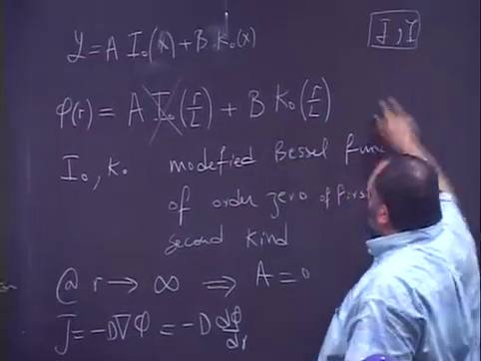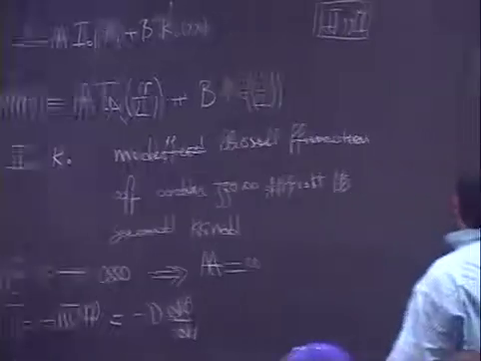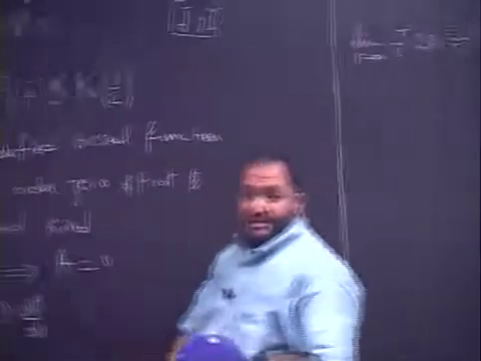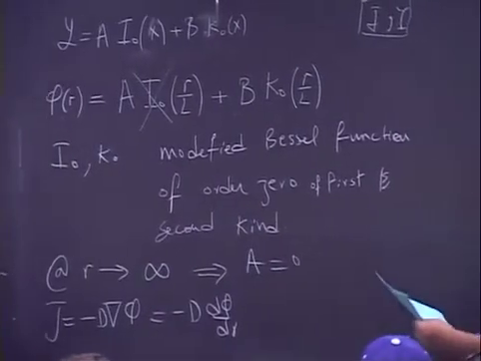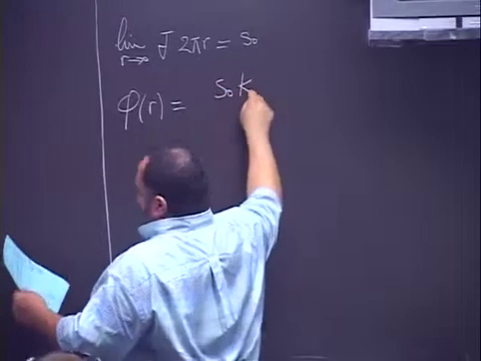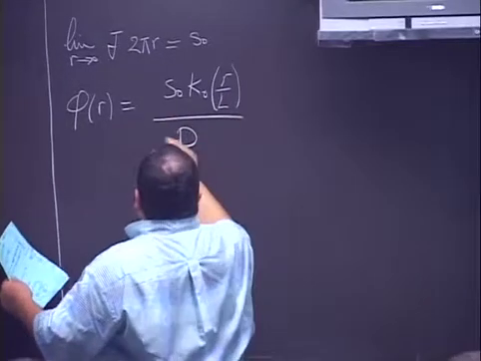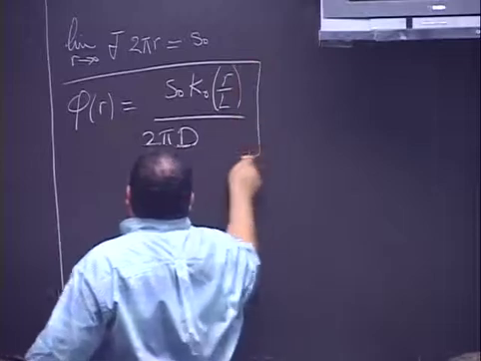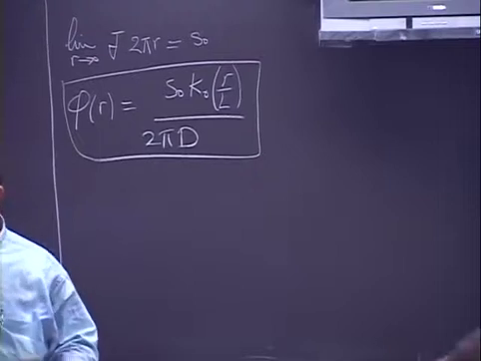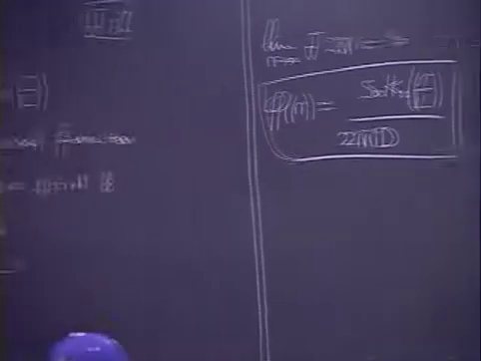We'll use this equation to get the current, and once we get the current we'll have only one constant, which will be related to S naught and D. When you substitute B in the equation, you will notice that phi of r is just equal to S naught multiplied by K naught of r over L, divided by 2 pi D. And that's it, this is the flux. Okay guys, easy enough?